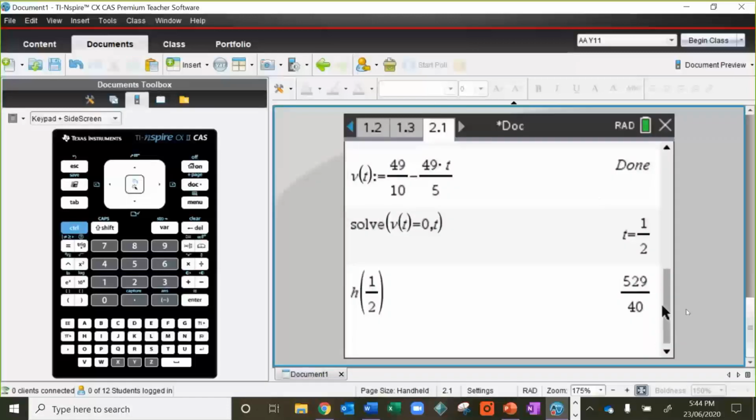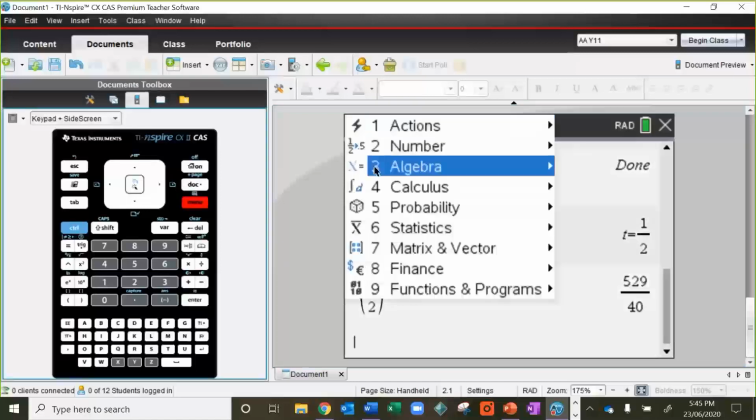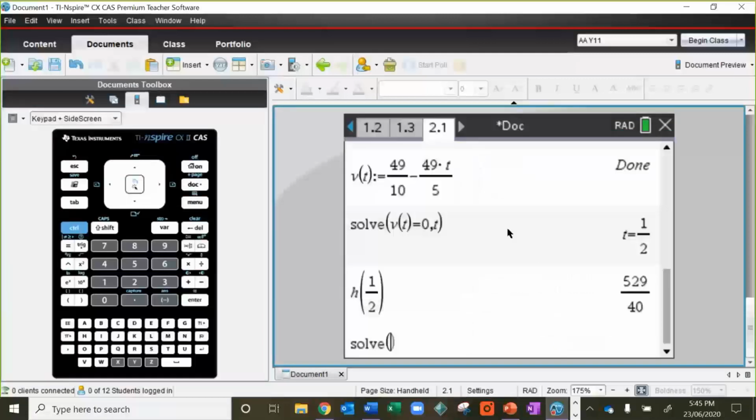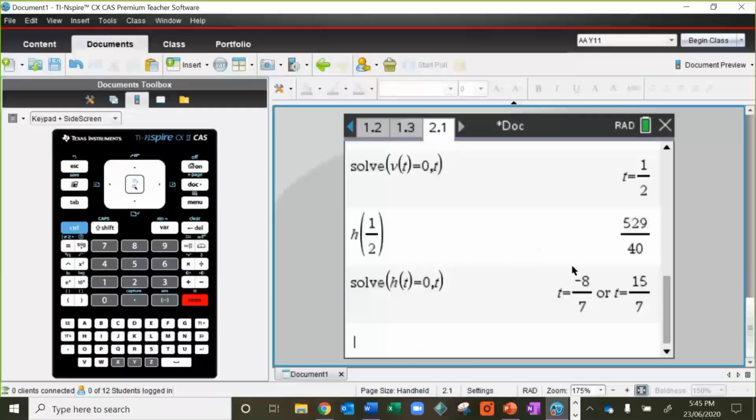If we want now to find the time after which we get into water, we go menu, algebra, solve, and we have h(t) equals 0 for t. Ignore the negative answer; it is 15 over 7. And that is again an exact value.